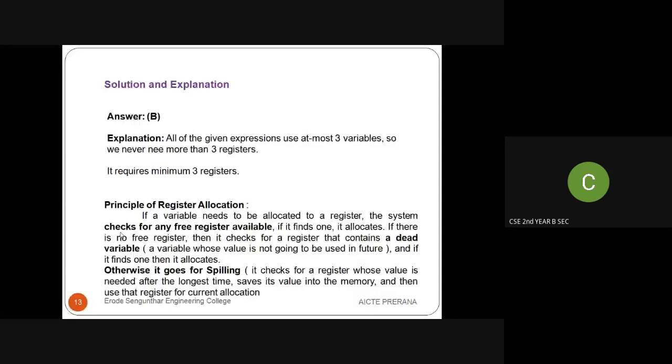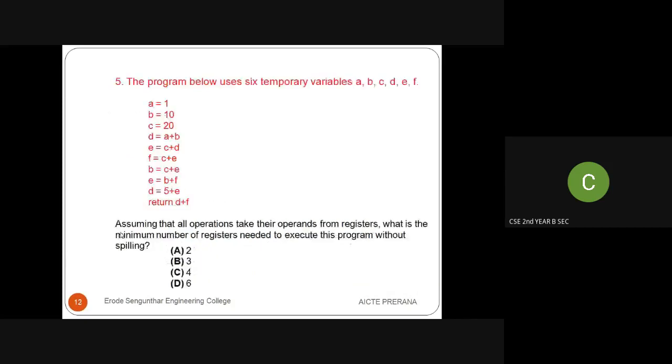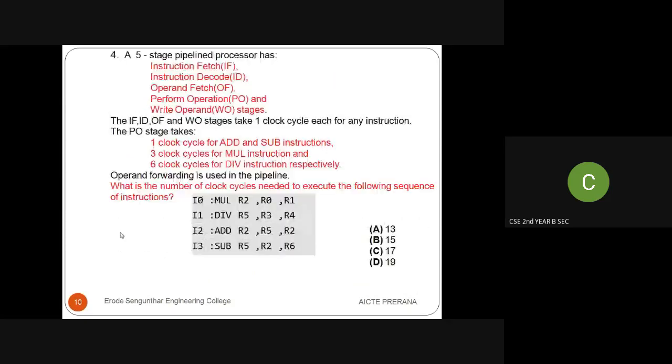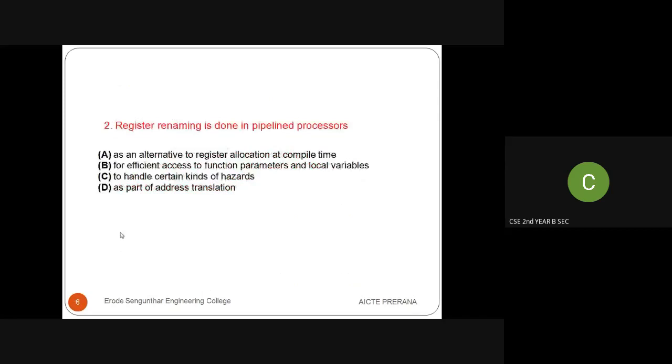I think this session will be very useful in understanding how questions will be asked in instruction and pipeline related topics for GATE preparation. If there is any query, just feel free to ask.